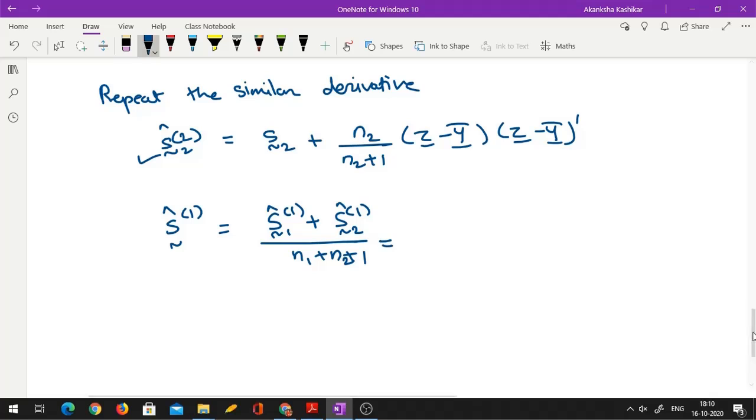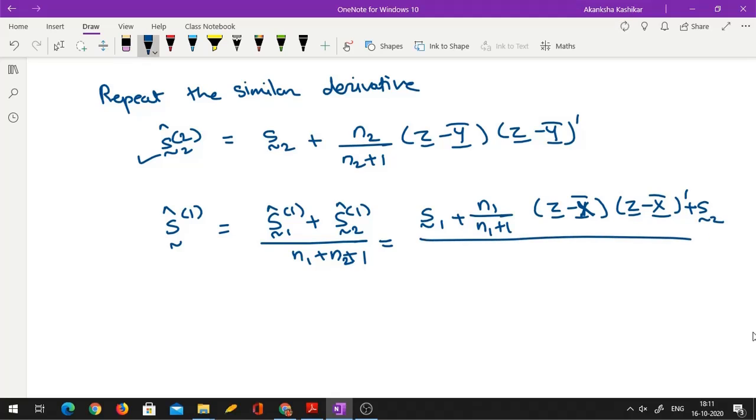So what does this mean? This S1 we know under the first hypothesis is the original S1 plus N1 upon N1 plus 1 into Z minus X bar prime. And S2 under the first hypothesis is nothing but just S2. Okay. So this upon N1 plus N2 plus 1 is as it is.